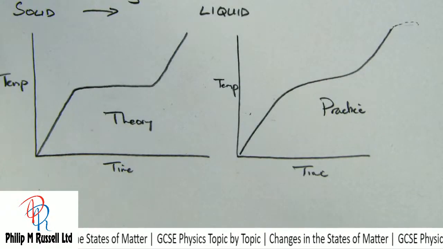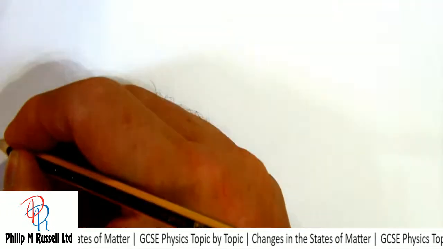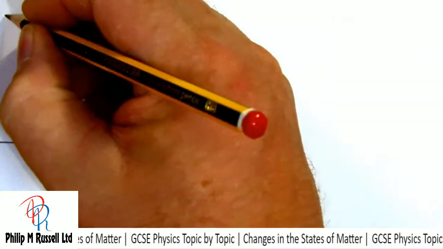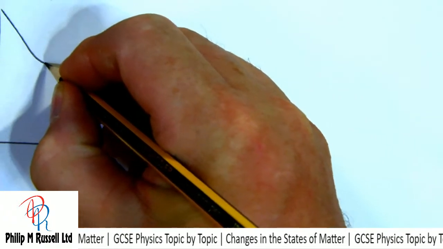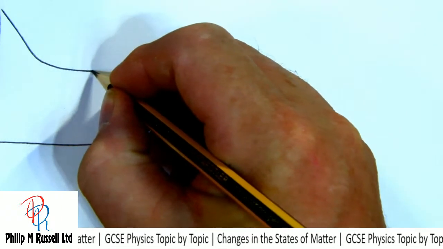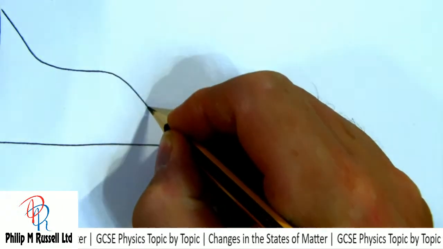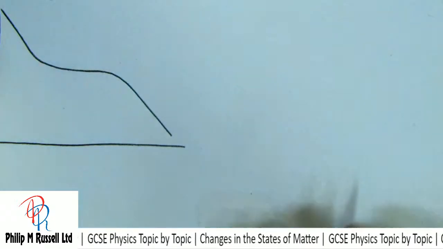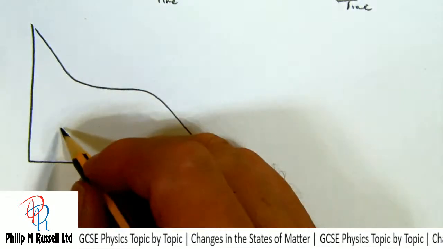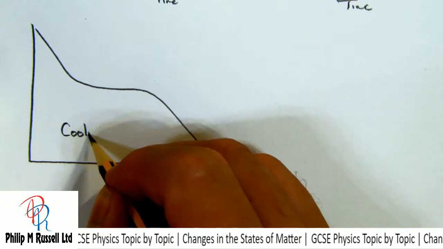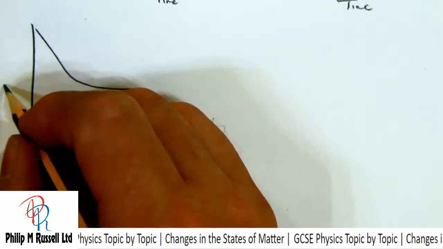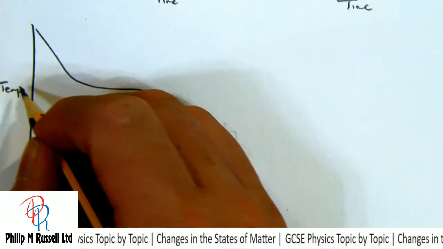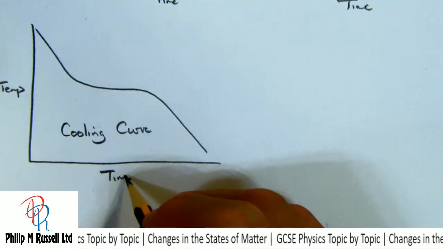What would I expect to see here? I would expect on a cooling curve to see this falling fairly rapidly and then staying at a constant temperature, before it starts to fall again. So here, this is a typical cooling curve with temperature against time.